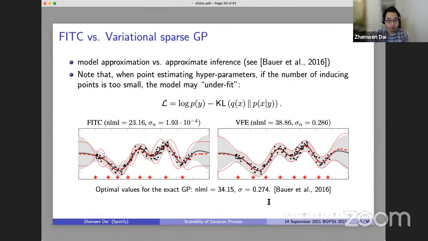And some remarks also about the FITC versus variational sparse Gaussian process.